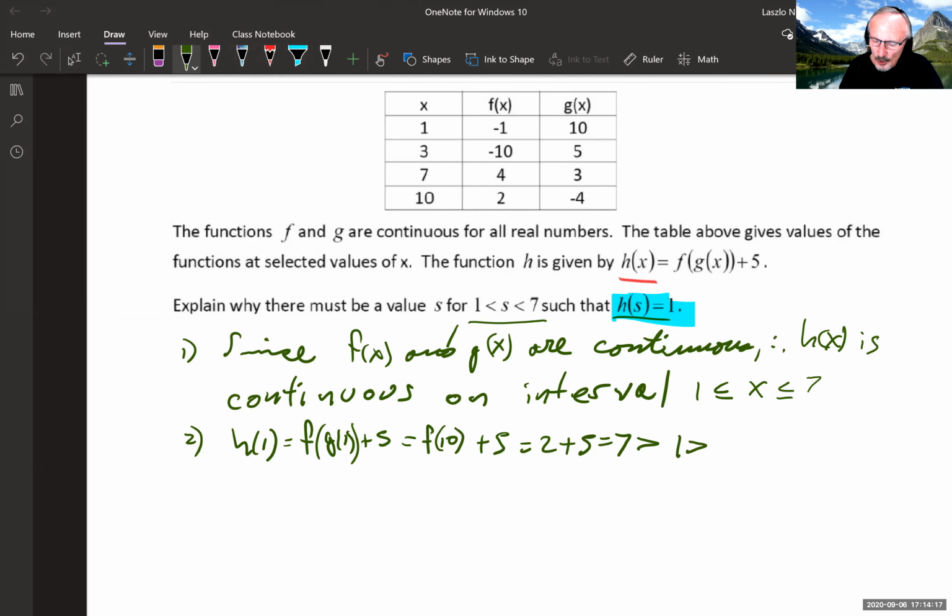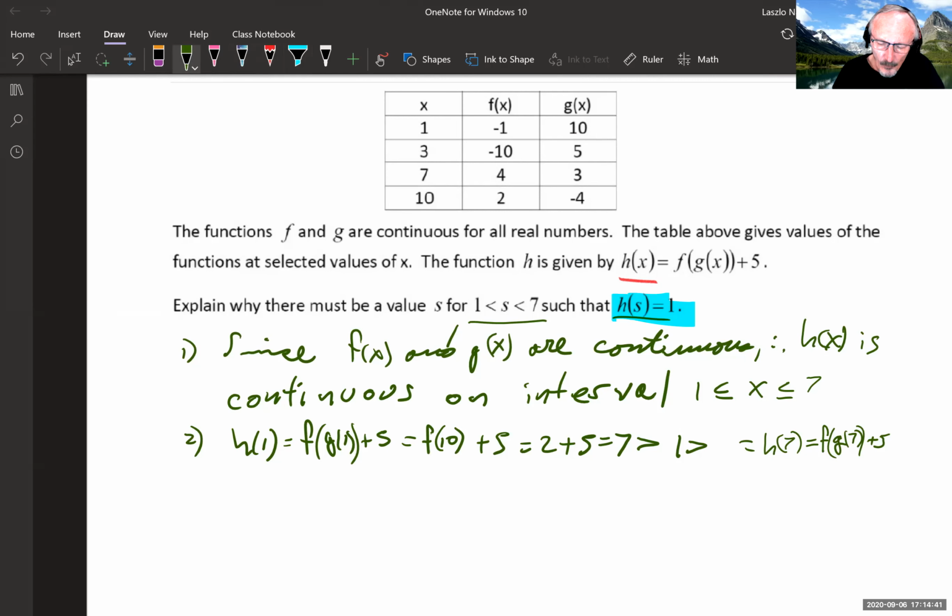I will now need to do a little bit of work to identify h of 7. So h of 7 is going to equal f of g of 7 plus 5. I think we're getting a little better at this.